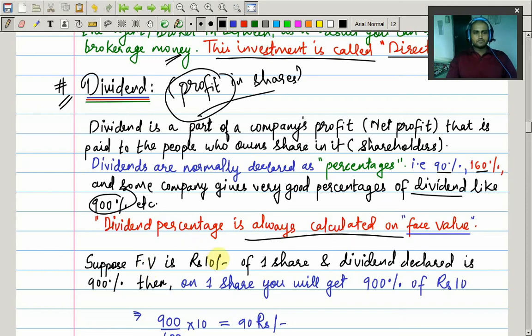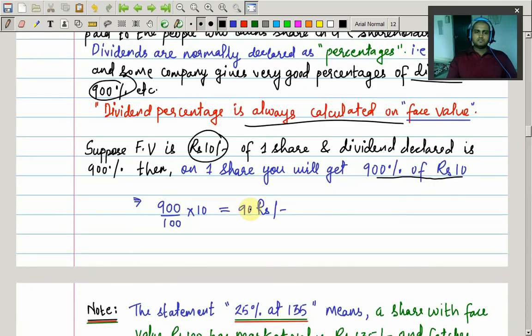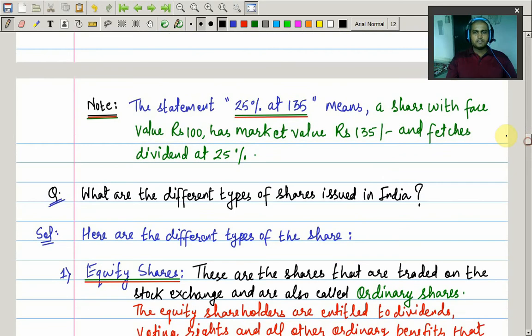Suppose face value is rupees 10 of one share and dividend declared is 900%. Then on one share you will get 900% of rupees 10, that is only 90 rupees. We never calculate dividend on market value. It is calculated on face value.